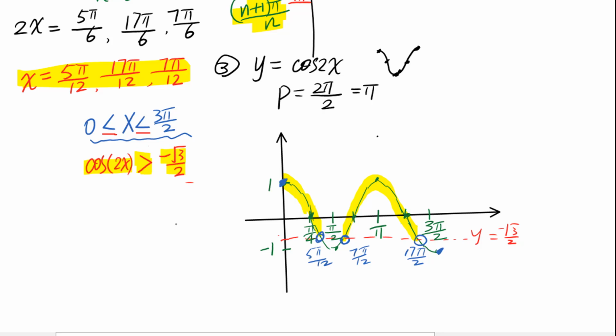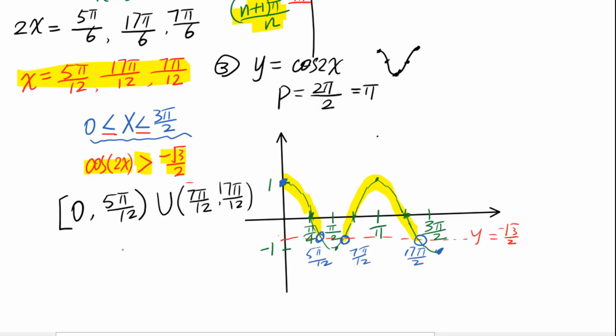When you write down your solutions, be careful whether it's a closed interval or an open interval. For the first part, 0 is closed, to 5 pi over 12, which is an open parenthesis, union with open parenthesis 7 pi over 12 to 17 pi over 12, open parenthesis.